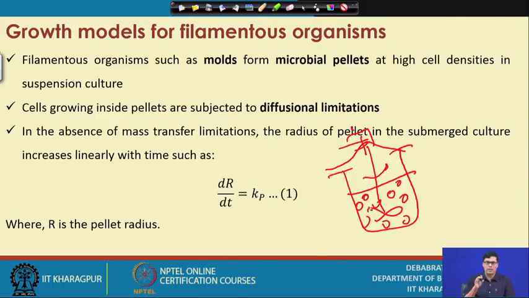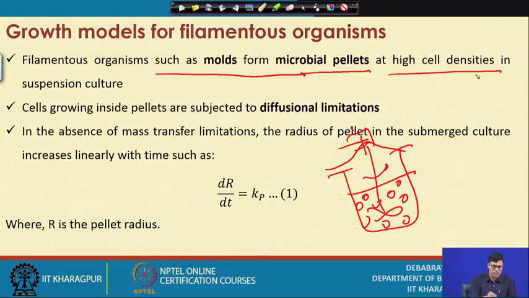The cells will form the pellet inside the reactor. So, the question comes how a growth model can be developed in the case of filamentous organisms. The filamentous organisms such as molds form microbial pellets at high cell density in suspension. So, under submerged conditions, they form the pellet.